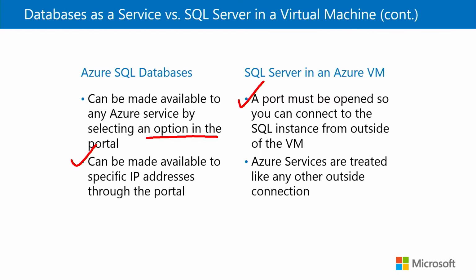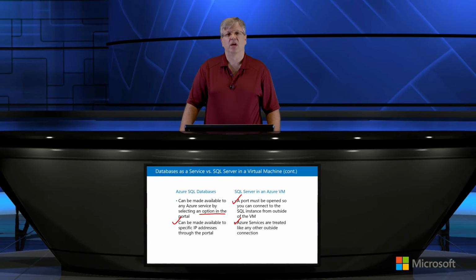Now, Azure services are treated as an external connection. The one exception to this is that you can configure your virtual network and you can have your services participate, depending on how they're configured, in that virtual network. By default, if I've got a virtual network, unless I've got a network security group set up that disallows it, I have the ability within a virtual network for inter-machine communication.